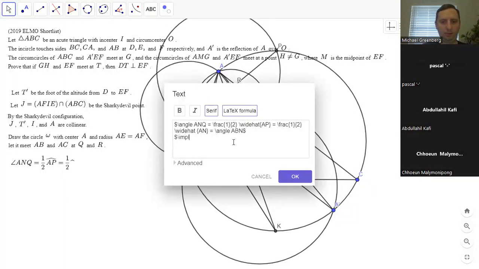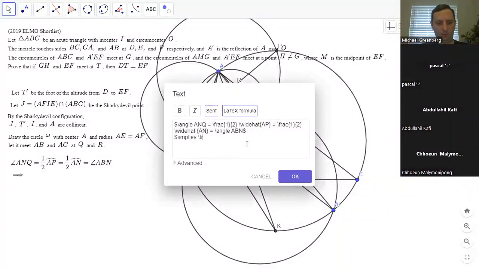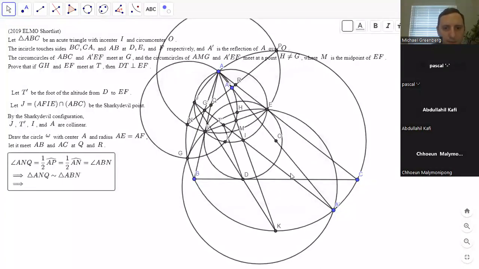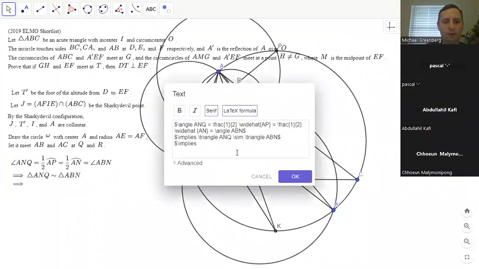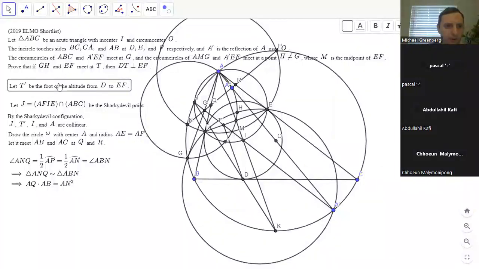And that means that ANQ is similar to ABN. And that means that AQ times AB is AN squared. And now we can do the inversion that I mentioned. So consider an inversion about omega.